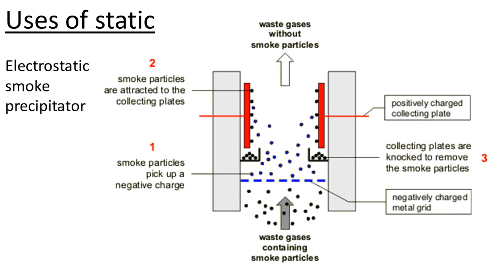So now all my little bits of carbon and bits of rubbish that would normally go into the atmosphere are negatively charged. They go past these positively charged collecting plates and they stick. And every so often they're switched off, they're given a bang, and all those bits of carbon and pollutant and nasties just fall down into these little collecting plates. And that just cleans up the emissions from this power station.